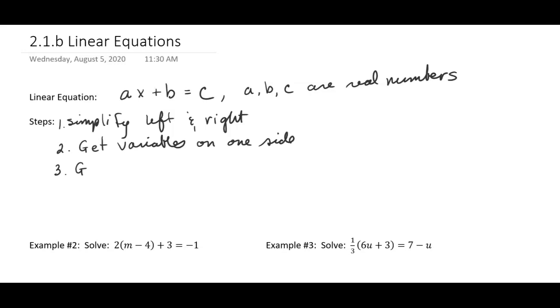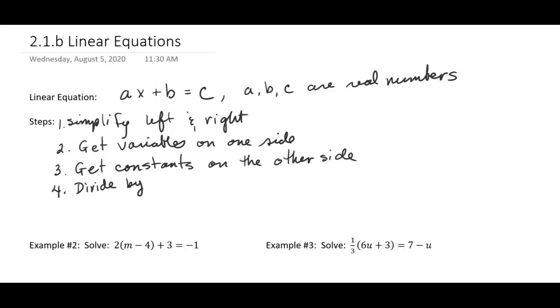Step three, get constants on the other side. Four, divide by the coefficient to get the variable.